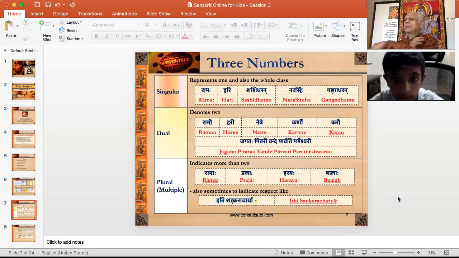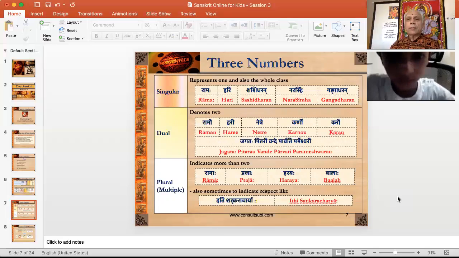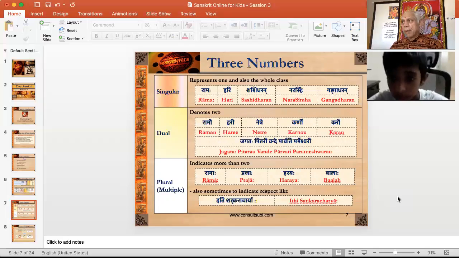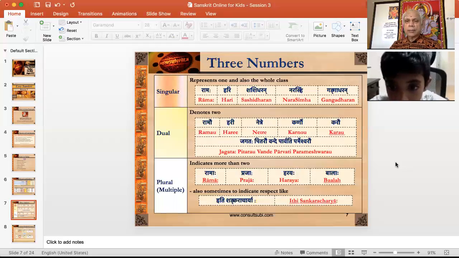You see here the 3 numbers. In English, you have only singular and plural. But in case of Sanskrit, you have 3 numbers. One is singular.